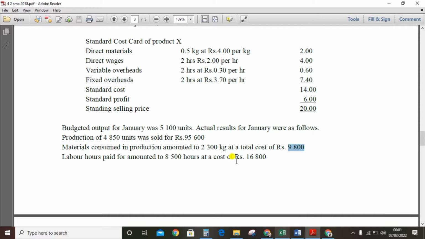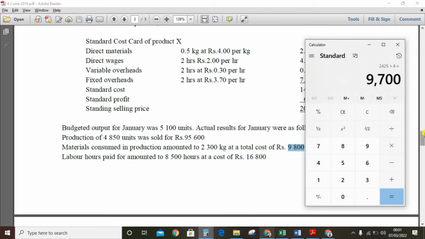So we can identify the AP separately: 9,800 divided by 2,300 is 4.260869565217391, which is the AP.